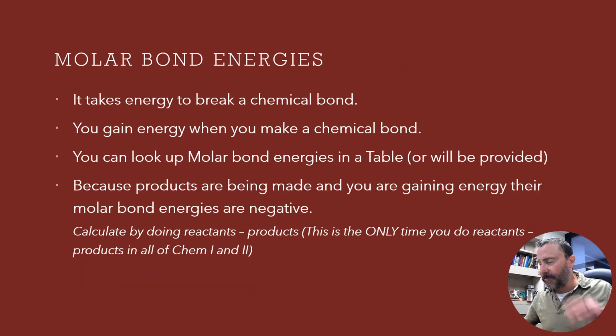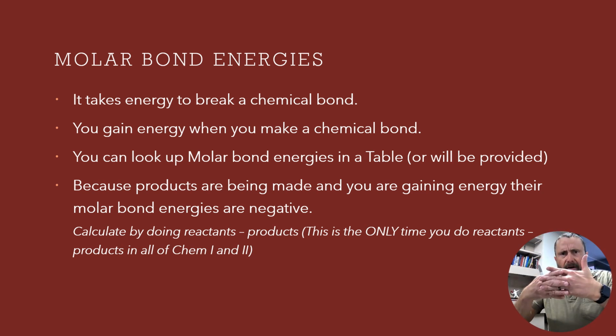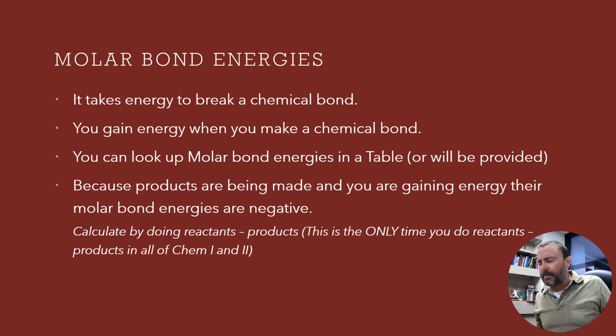The last little bit of information for this chapter is something we call molar bond energies. It takes energy to break a chemical bond, because the atoms are held together, they're happy. In order to break that, you've got to cleave that bond, you've got to put energy in to break them apart. So if it takes energy to break a bond, it makes sense that you gain energy whenever a chemical bond is formed.